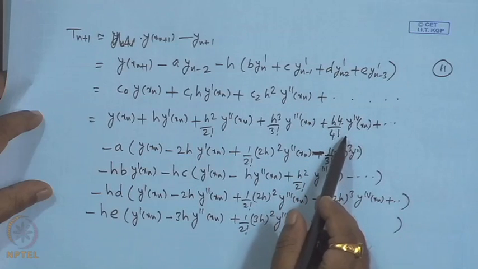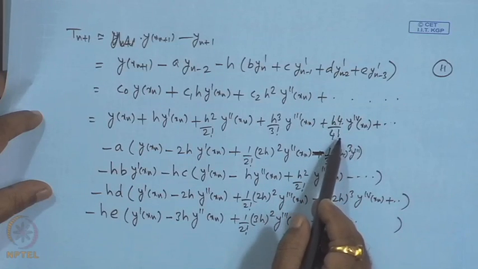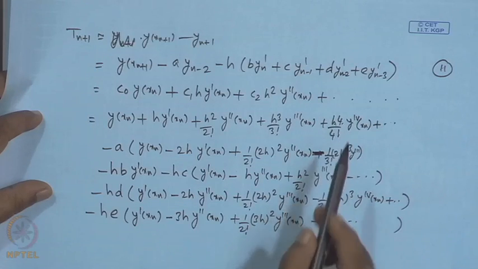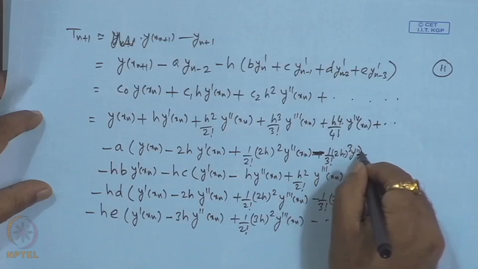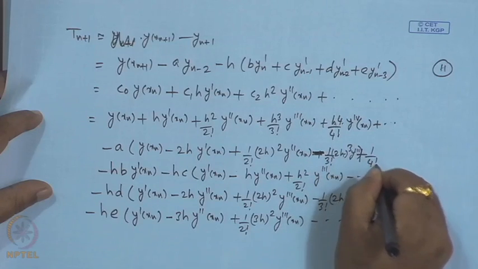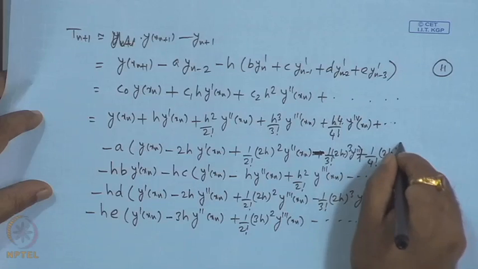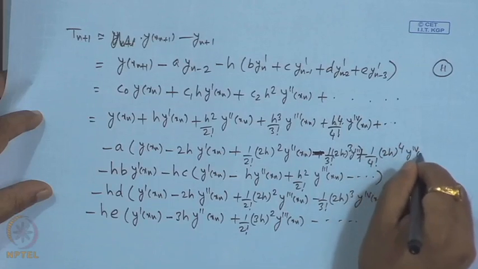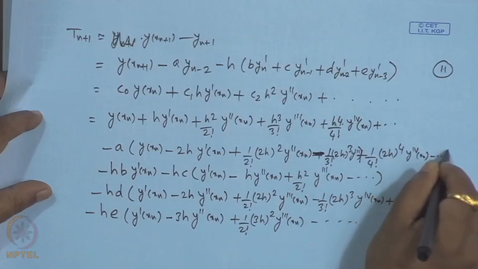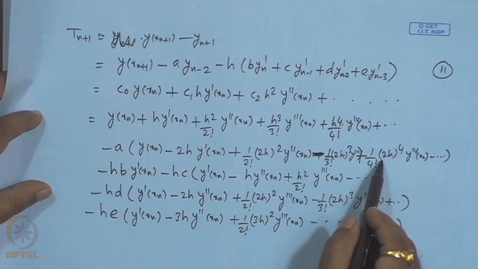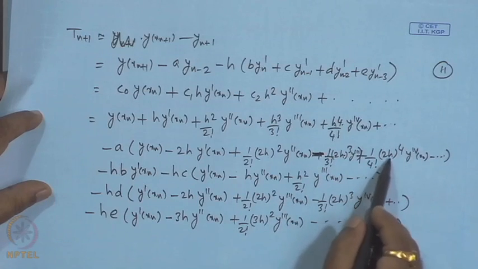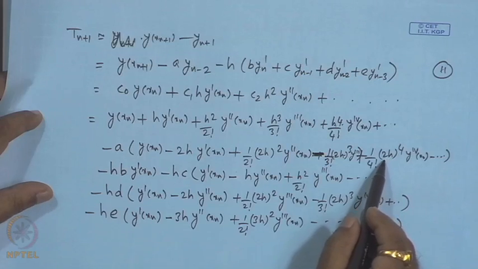So, that will be, taking common, the coefficient is 1 there, then we need to extend this, 1 over 4 factorial 2 h power 4 y 4 x n. Okay. So, here we have 8 there. Okay. So, this is a plus sign.